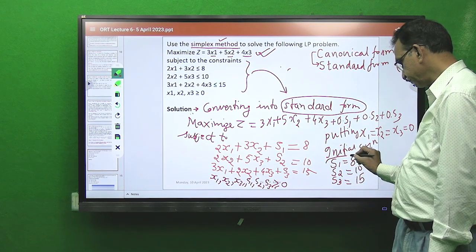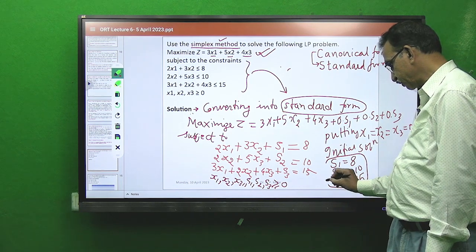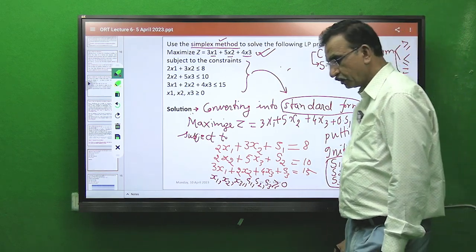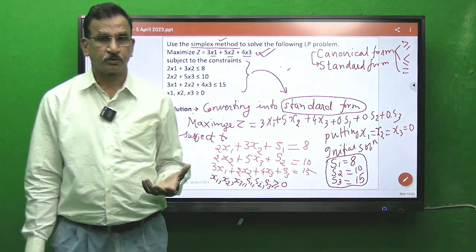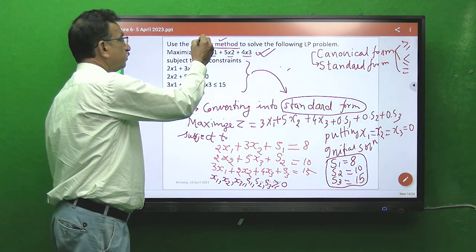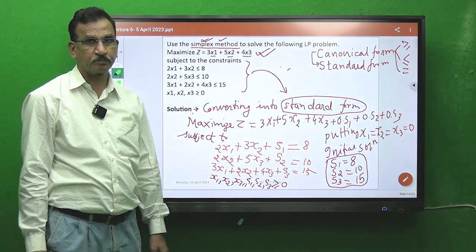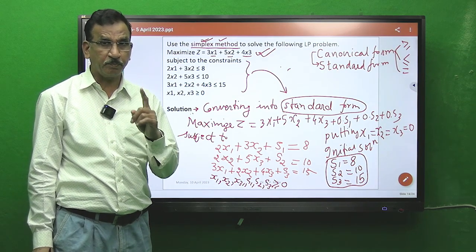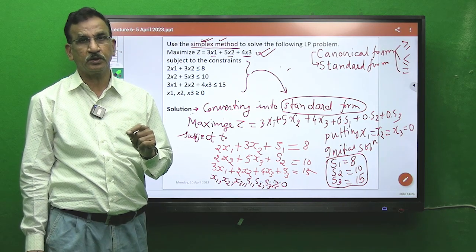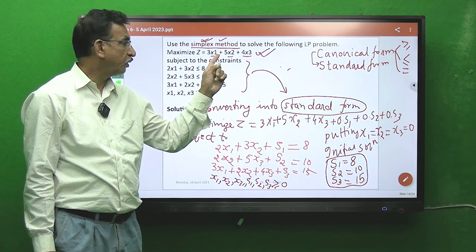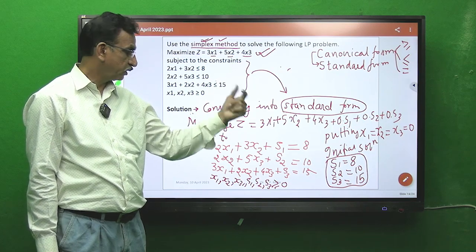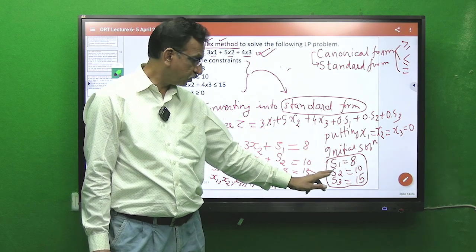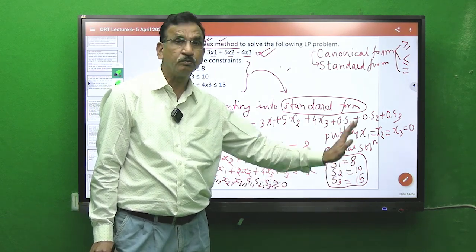So students, what I am putting in this block, s1, s2, s3, these are the first solution variables of this simplex process which we are applying to this problem. So the first solution which we are getting for simplex method to this problem is, s1 equal to 8, s2 equal to 10, s3 equal to 15.